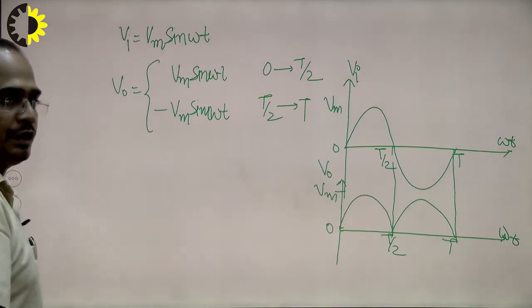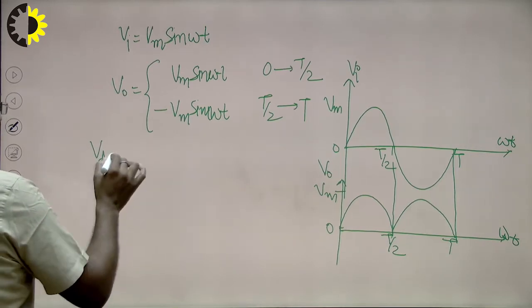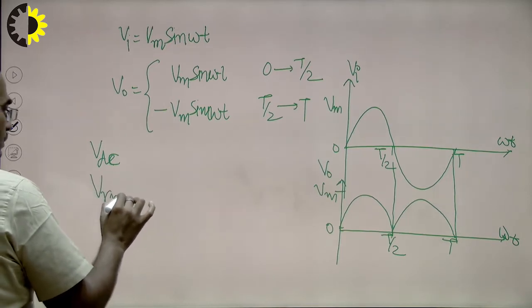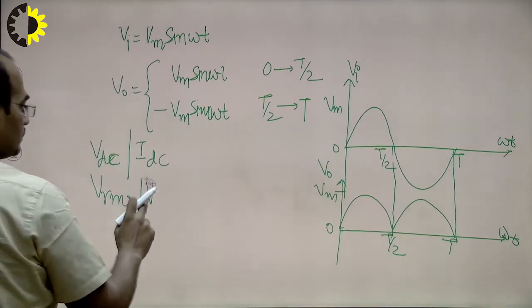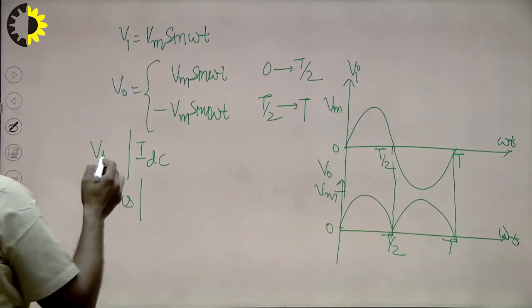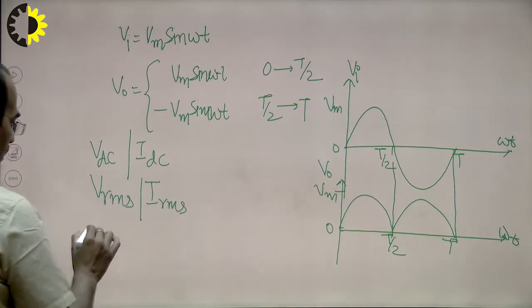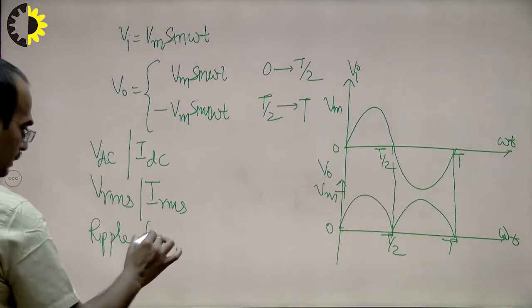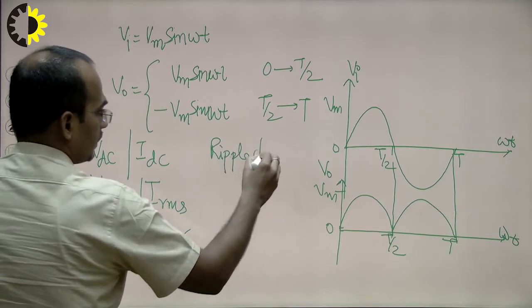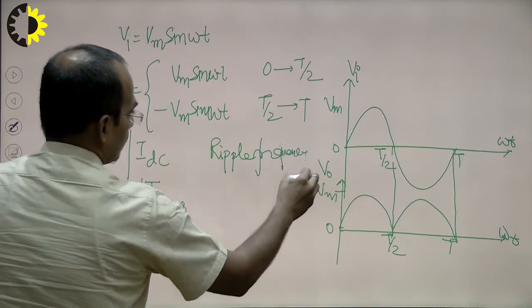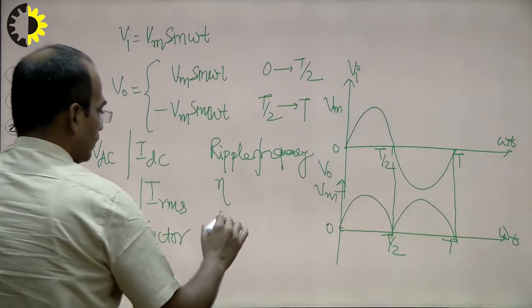I will find all those parameters that I found in the case of the half wave rectifier, such as DC value, RMS value, DC voltage value, DC current value, VDC, IDC, IRMS, ripple factor, ripple frequency, efficiency, and peak inverse voltage.